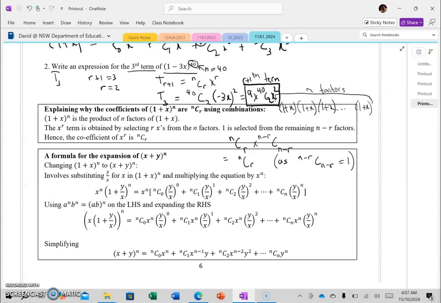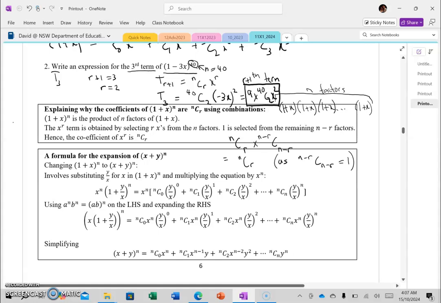The first thing to think about is that 1 plus x to the power of n is a product of n factors of 1 plus x. In other words, it's 1 plus x times 1 plus x, and there's n factors. Let's imagine we want to pick out the term with x to the r. What you're really doing is from these n brackets, you're selecting r x's.